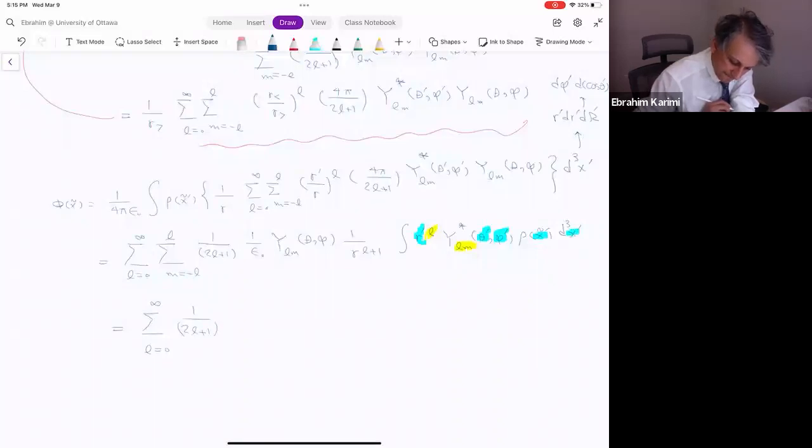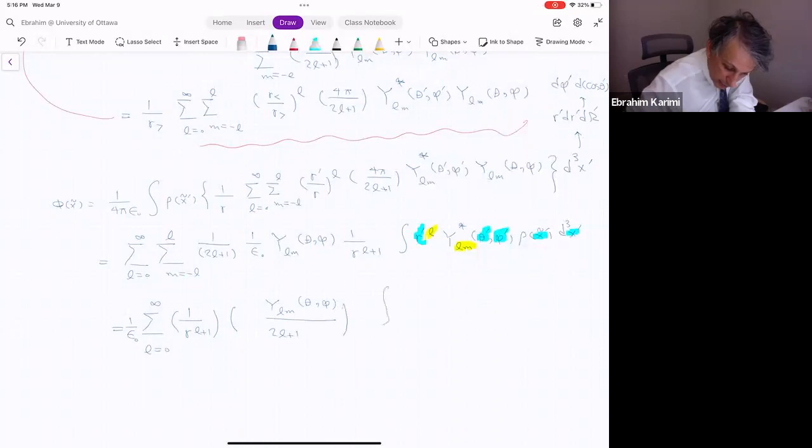Okay. 1 divided by epsilon is really not important. It's a scale, which I can place even outside. It's up to you. In the definition, maybe it is important. What I care about is 1 divided by R power of L plus 1, or maybe I have to write it in this way. Sorry, guys. 1 divided by R power of L plus 1. Then I do have YLM of theta and phi divided by 2L plus 1.